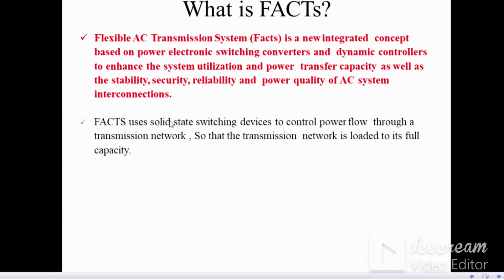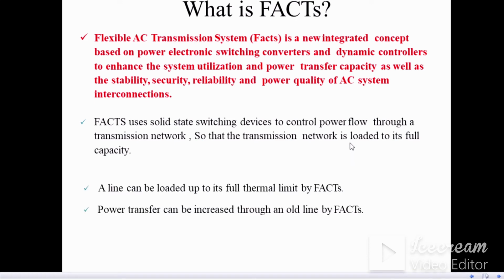FACTS use solid state switching devices to control power flow through a transmission network so that the transmission network is loaded to its full capacity. A line can be loaded up to its full thermal limit by FACTS, and power can be increased through an old line using FACTS.